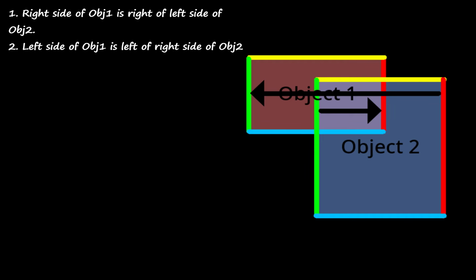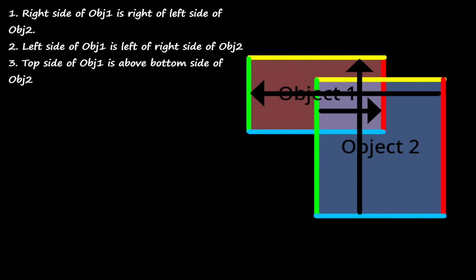Number 3, the top side of object 1 needs to be above the bottom side of object 2. Number 4, the bottom side of object 1 needs to be below the top side of object 2. Now, I know that is a little bit confusing, so that's why there is this picture. Hopefully that will help you visualize it a little bit.